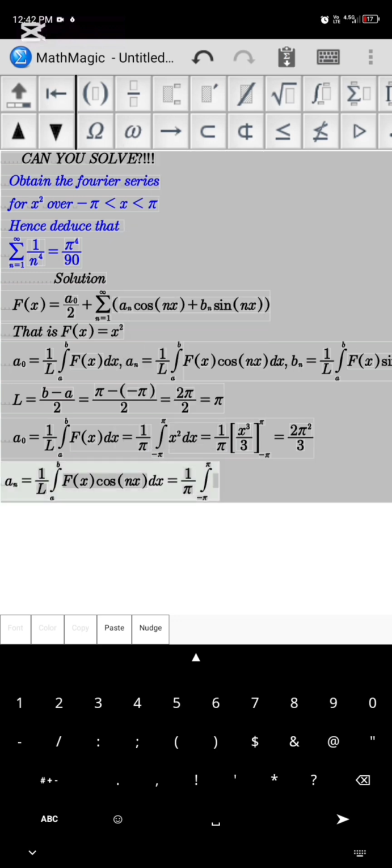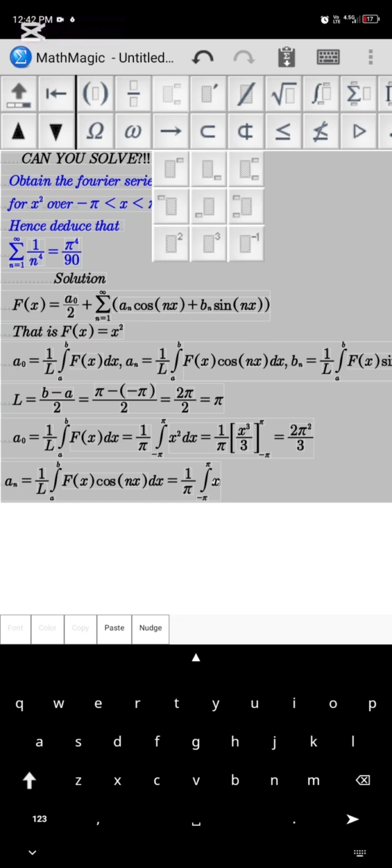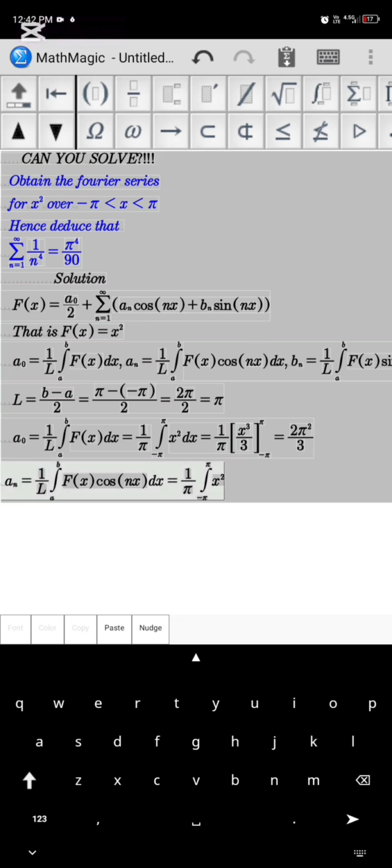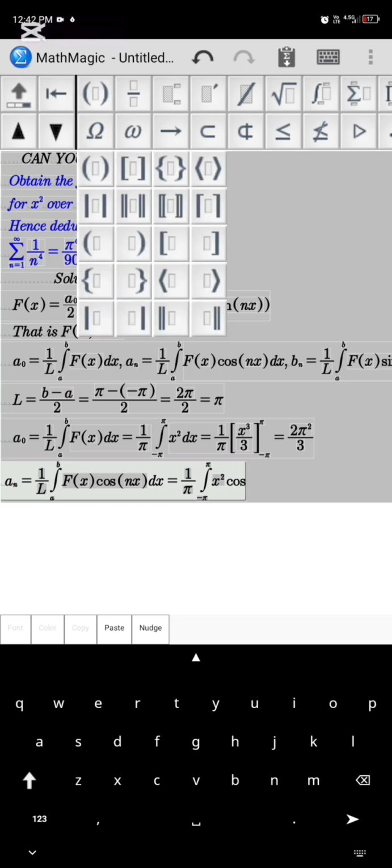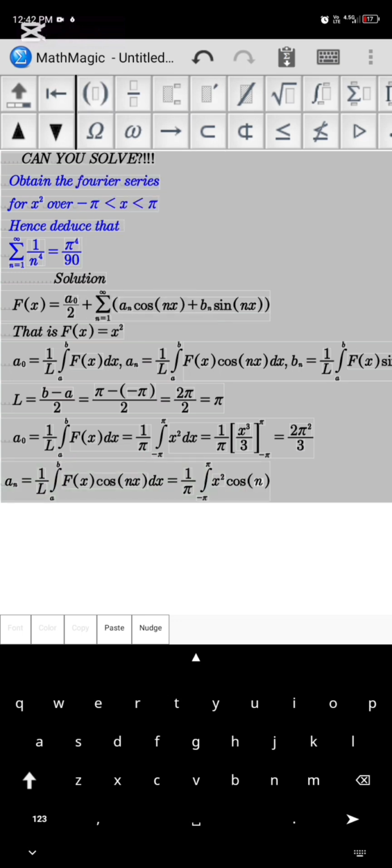Then our f of x is x squared cos nx dx. Here we use integration by parts. Don't worry, in my next video I will explain this integration by parts using this particular question.